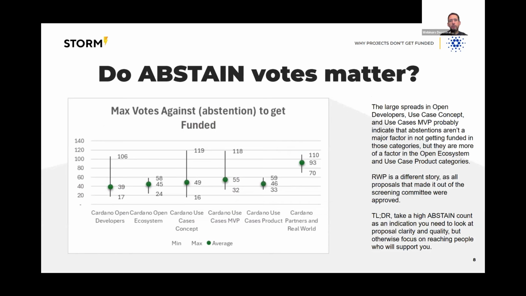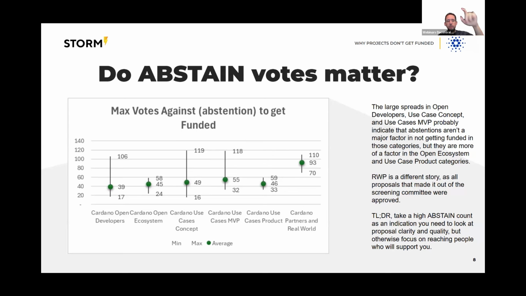There was a big issue in Fund 10 where people could vote against projects, and that led to a lot of political maneuvering and some bad feelings among people who participated in that round. I think it's worthwhile taking a look at whether having a high number of abstain votes matters. So we looked at the average, which is in green here, and then the high and the low number across categories.